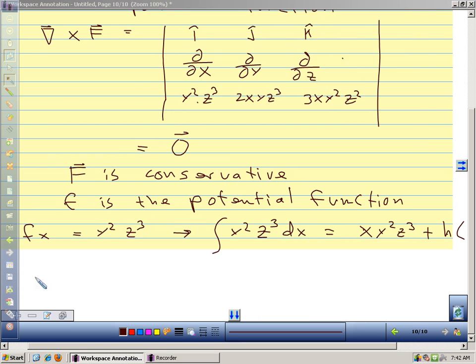And our partial with respect to y has to equal 2xyz cubed.